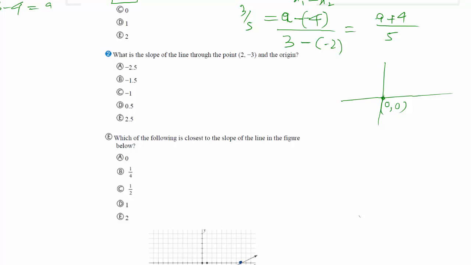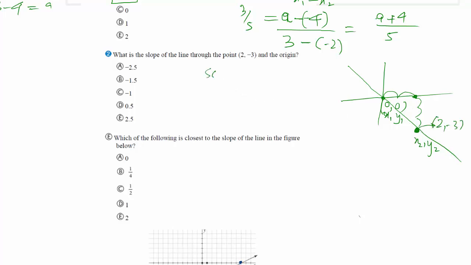So 2, 1, 2, and -3, not up but down 3 units, 1, 2, 3. So it'll be like here. So the line will be like this, and we need only 2 points on that line by which we can calculate the slope. So we can say this will be x1, y1 and this will be x2, y2, and x2, y2 is (2, -3).